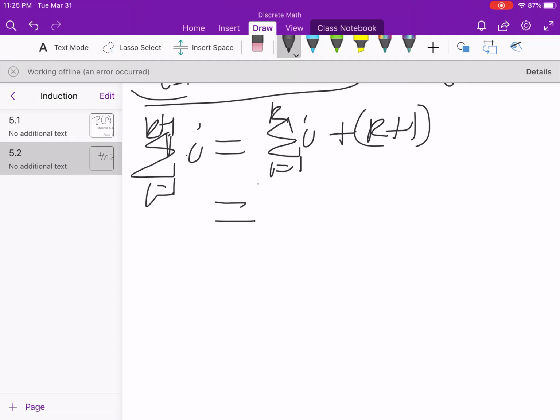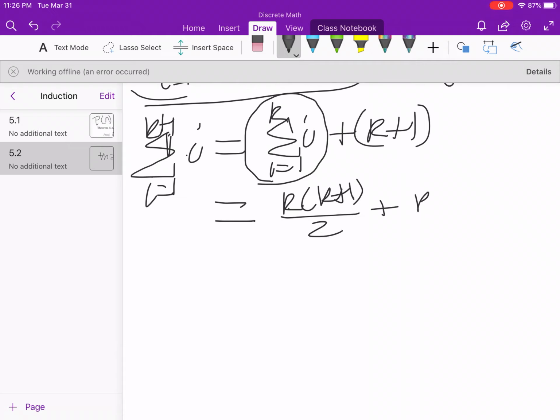Now remember, what do we know is true about this, by the inductive hypothesis? So this is where we use the inductive hypothesis.